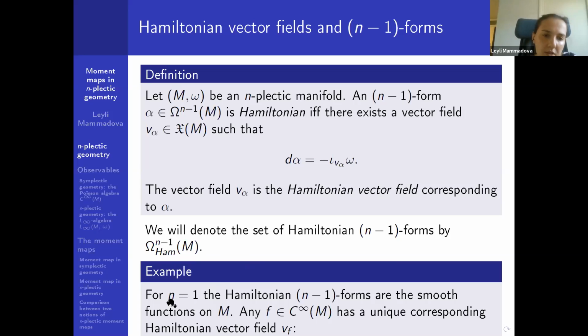With the notable exclusion of n equals 1, where we are in the symplectic case, and then your Hamiltonian n-1 forms are the smooth functions on M. And because in this case, injectivity of this contraction map between the tangent and cotangent bundles will mean that it's an isomorphism, for every f you can get a vector field that satisfies this.